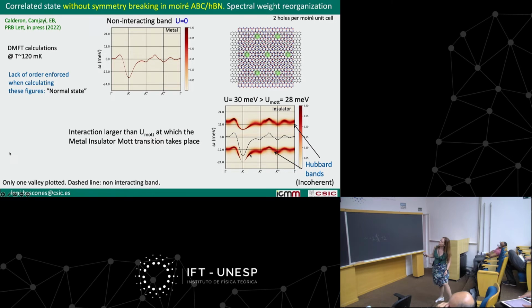This was the original, the U equals 0, and you can see that we have opened a gap, and also this band is not well defined anymore. It's not just that we have opened a gap, but that this is very, let's say, incoherent, okay? So what is happening here is that we are above our Mott transition at this type of interactions. And these are what we call the Hubbard bands, which are the ones that appear in the Mott insulator.